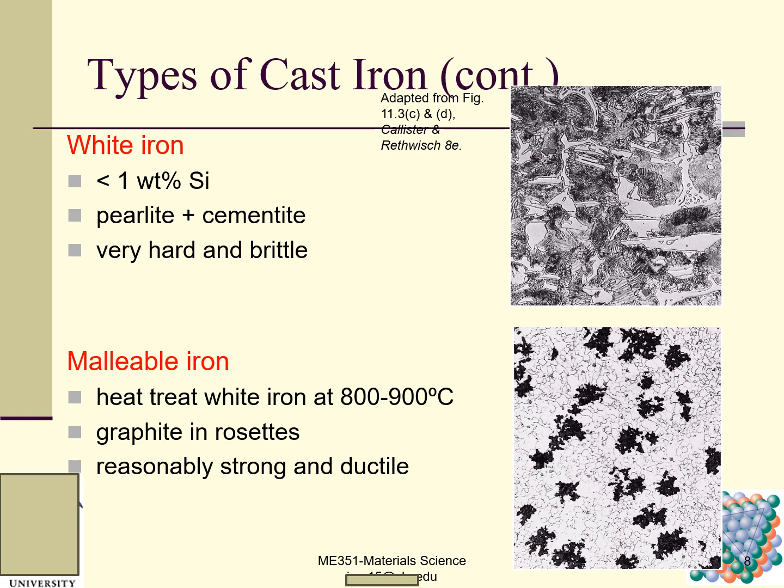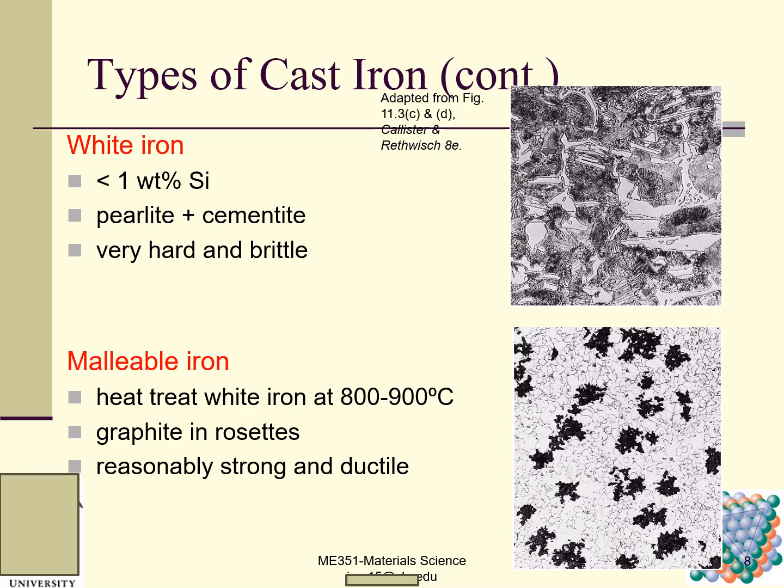Next is white iron. White iron has about 1 weight percent of silicon. It is a combination of pearlite and cementite, and it is very, very hard and brittle. This is a micrograph. Another cast iron is malleable iron.